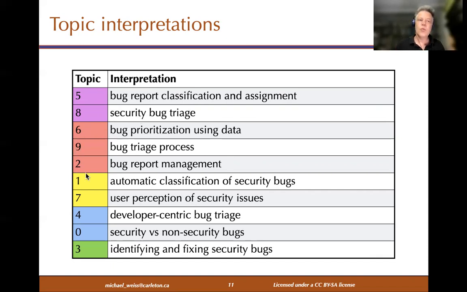Then we have a cluster of topics 6, 9, and 12, which are all about the use of data to prioritize and manage bugs. Then we have a cluster of 1 and 7 related to security issues, and a cluster of 4 and 0 related to the distinction between security and non-security bugs. And then we have a last cluster that we can associate with generally fixing and identifying bugs.